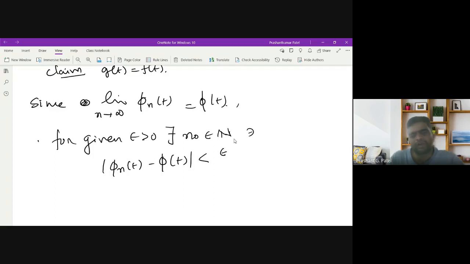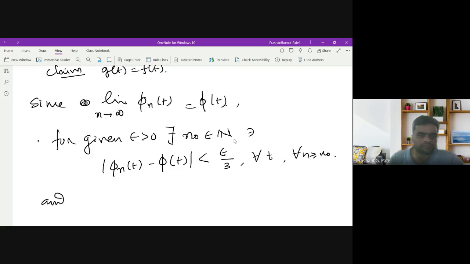I may adjust this epsilon later on, but I know the situation, so I write epsilon by 3, for every n greater than or equal to n0.